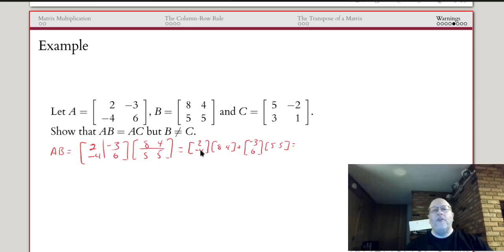So let's see, 2, -4 times 8 is 16, -32. 2, -4 times 4 is 8, -16. -3, 6 times 5, 5 is -15, 30. -3, 6 times 5, 5 is also -15, 30. And when I add them together, 16 minus 15 is 1. 8 minus 15 is -7. -32 plus 30 is -2. And -16 plus 30 is 14.